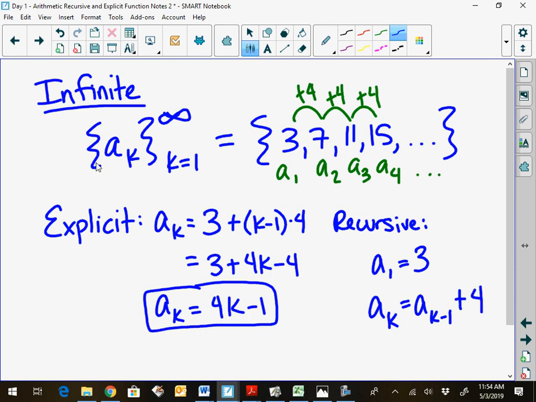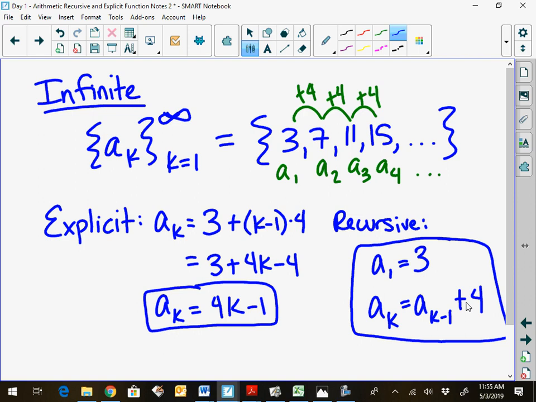So we take our previous term and we're adding on, right? So here is our recursive form. For recursive, you always have to state your first term, and then you state that all of your next terms take the term before that and add whatever your difference is, okay?